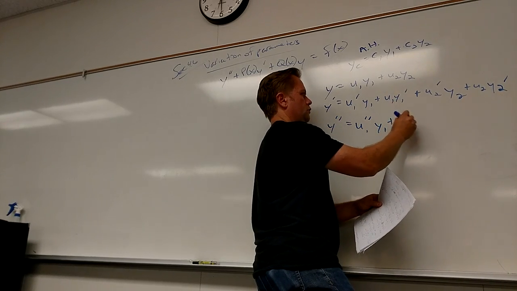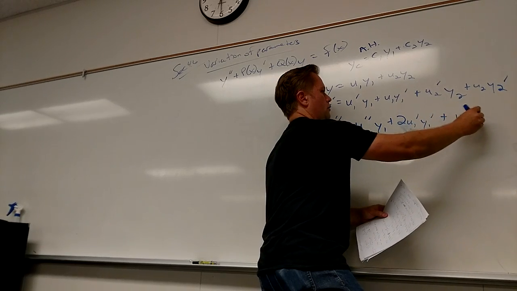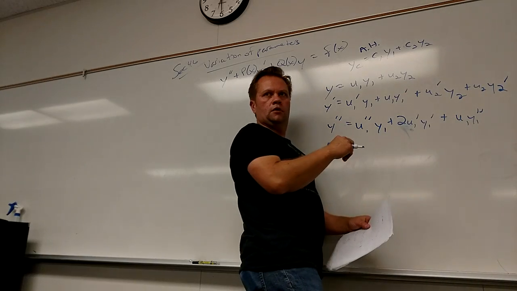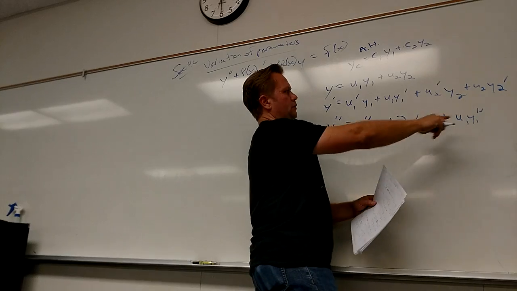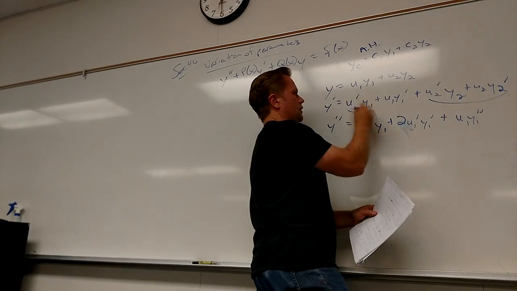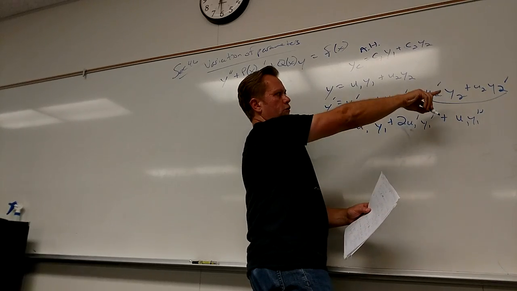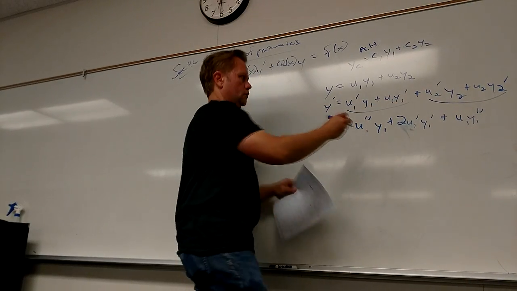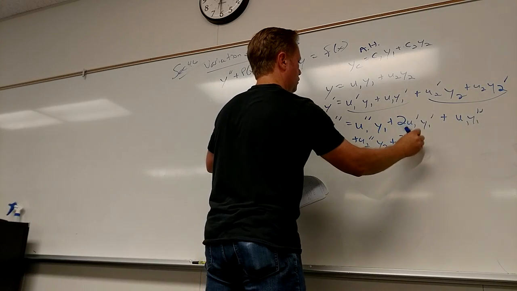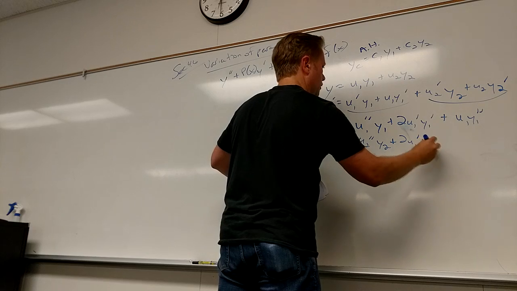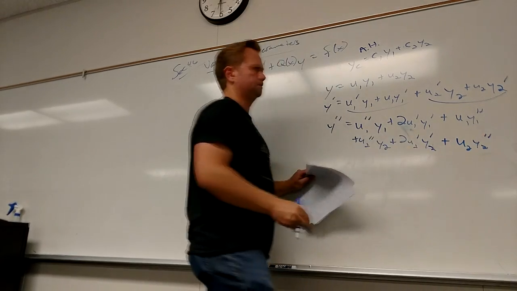So I'll get plus 2 u1 prime y1 prime plus u1 y1 double prime. Now notice how these are the same as these, just with 2's. So I'm going to get the exact same thing except with 2's. You guys see that? So plus u2 double prime y2 plus 2 u2 prime y2 prime plus u2 y2 double prime.